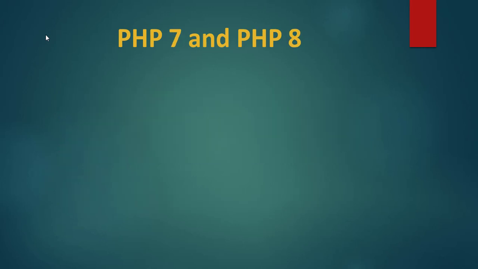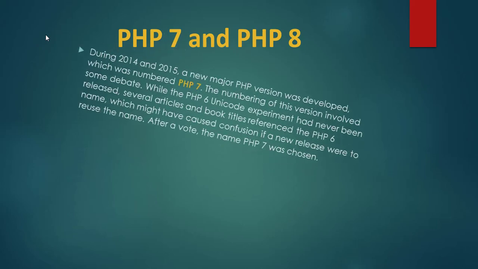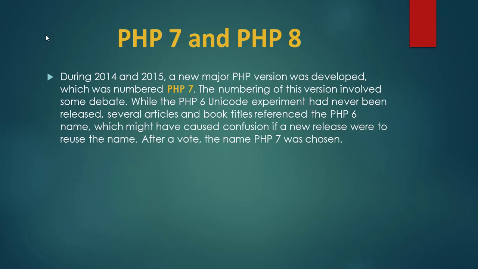PHP 7 and PHP 8. During 2014 and 2015, a new major PHP version was developed, which was numbered PHP 7. The numbering of this version involved some debate. While the PHP 6 Unicode experiment had never been released, several articles and book titles referenced the PHP 6 name, which might have caused confusion if a new release were to reuse the name.